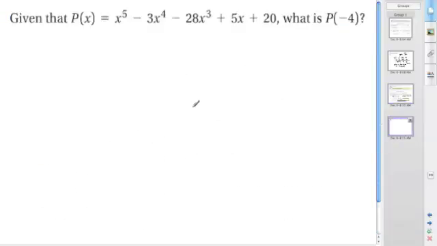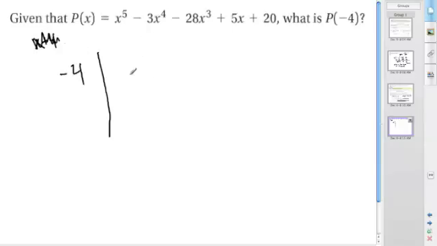So they give us a polynomial. They want to know, what is this polynomial evaluated at when x is negative 4. So you take negative 4. Here you're not switching your sign, because technically we are doing x plus 4.